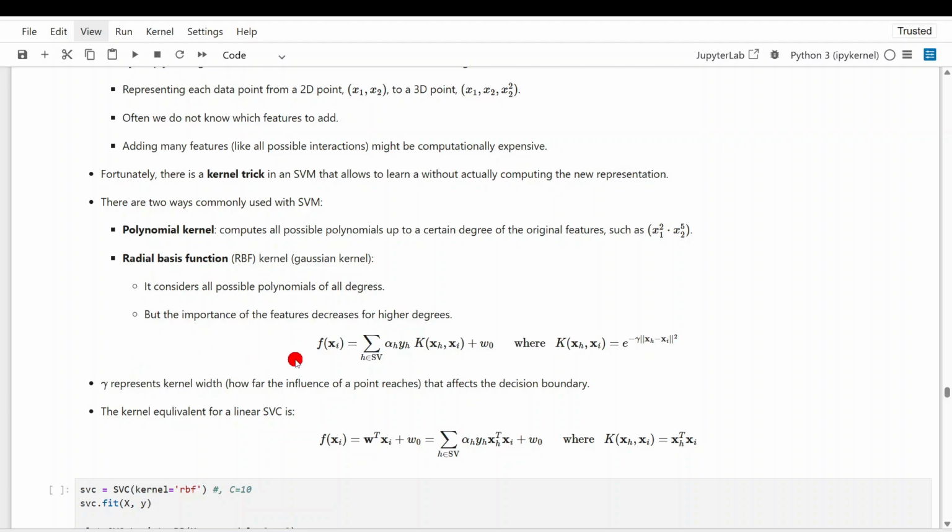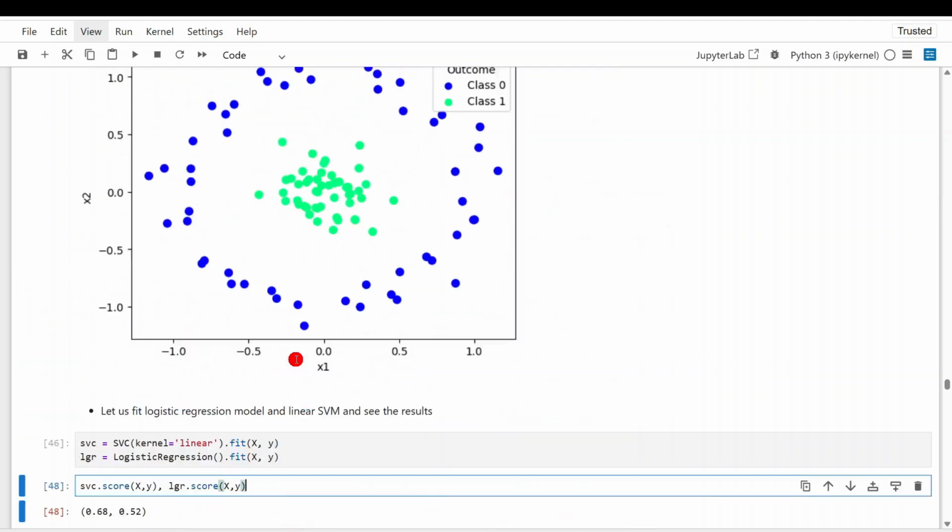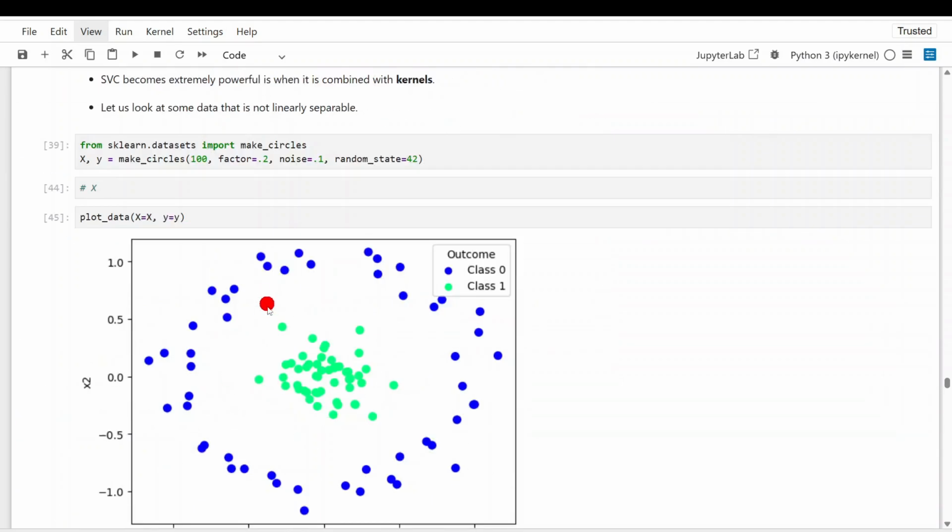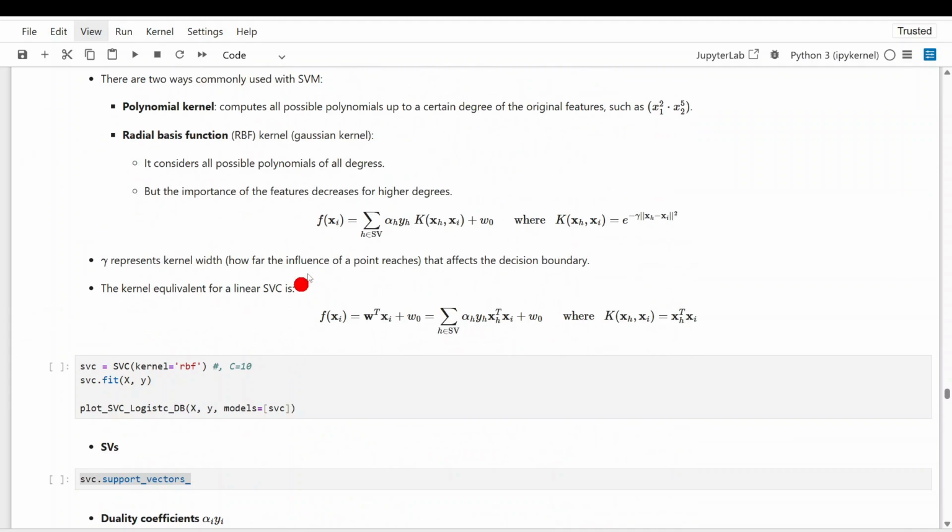So for a nonlinear or kernelized support vector classifier, the model is expressed in this form: f(x) equals the sum of alpha_h y_h k(x_h, x) plus w naught, where h runs over the support vector points.